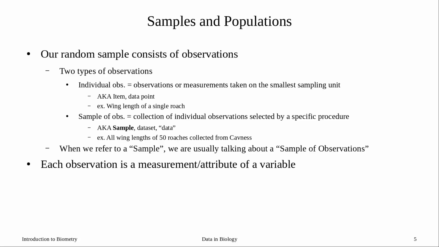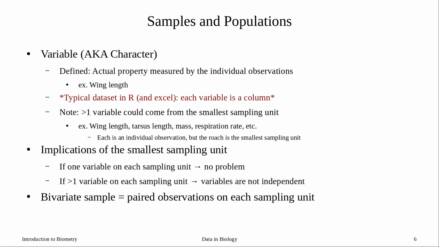Now each observation is going to be either a measurement on that individual, or it's going to be some sort of attribute. So the measurement is wing length, attribute could be color, or it could be, let's say, size, just small, medium, large. Our measurement variables, or our attribute variables, is the property that we measure on our individual observations.